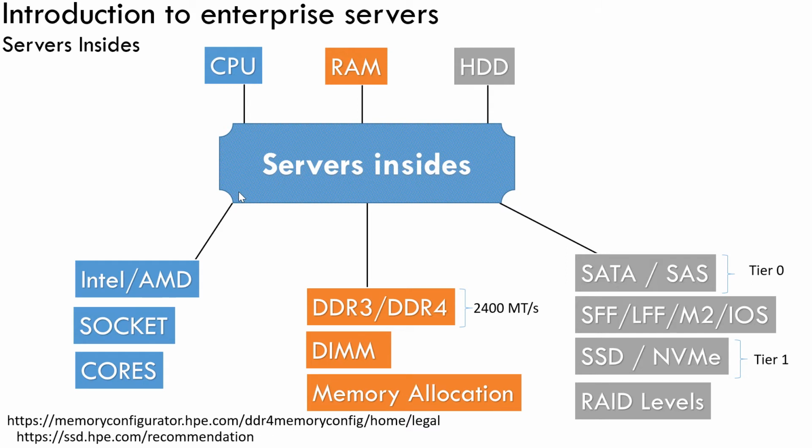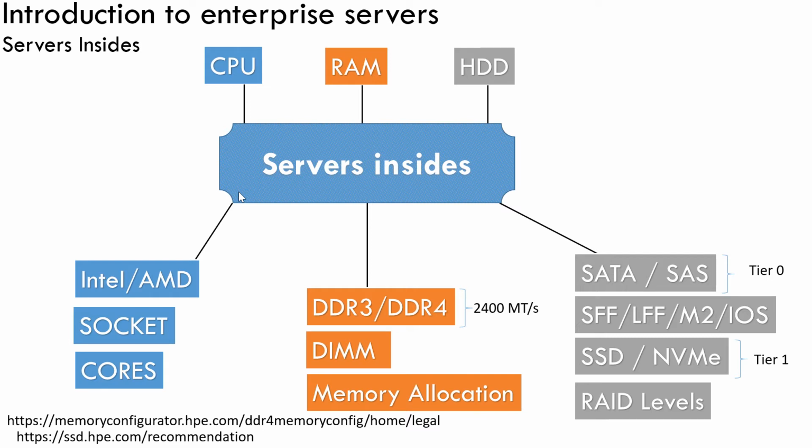From the socket itself, we have cores, for example a 10-core socket, a 20-core socket, or a 28-core socket. The sockets and cores are very important for the virtualization administrator, because when we deploy virtual machines, each virtual machine needs some virtual CPUs.